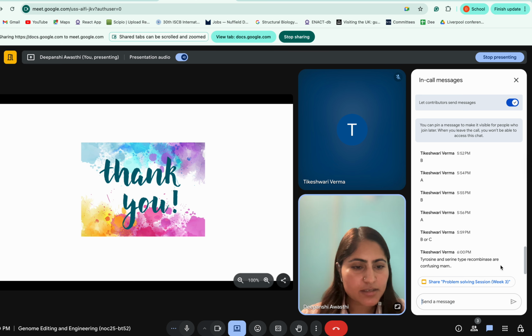Okay, so you are confused between tyrosine and serine type recombinases, but they are not that difficult. In case of tyrosine recombinases, keep one thing in mind, that they use tyrosine as a catalytic molecule. Both of them bind as a dimer to a single double stranded DNA, and then both of these dimers join together to form a tetramer.